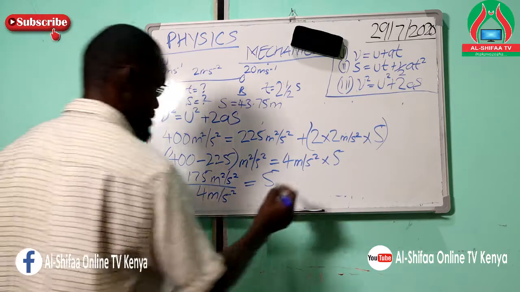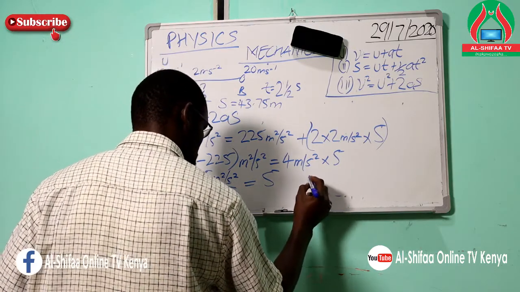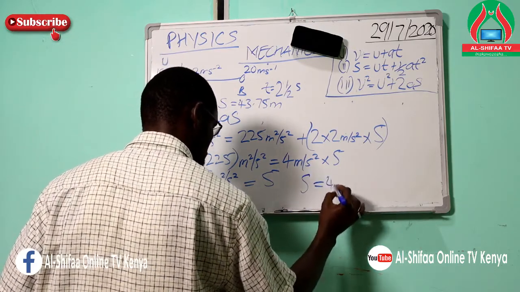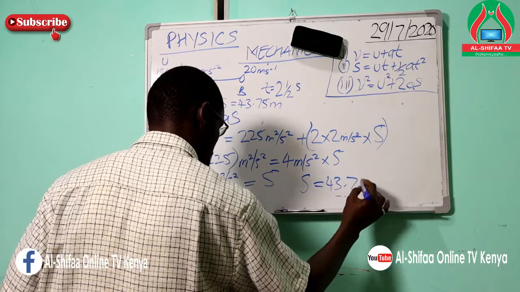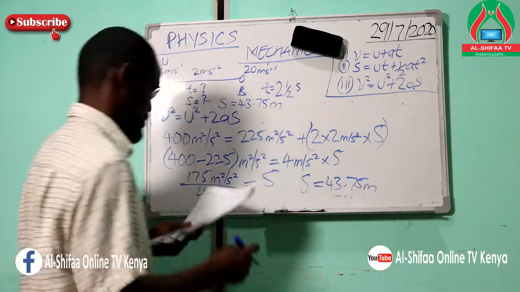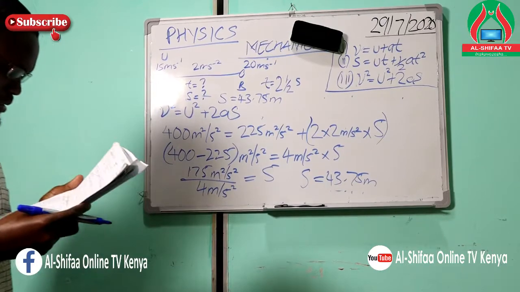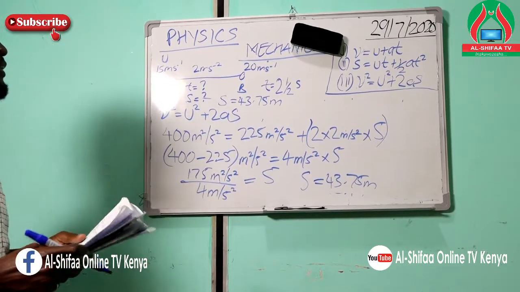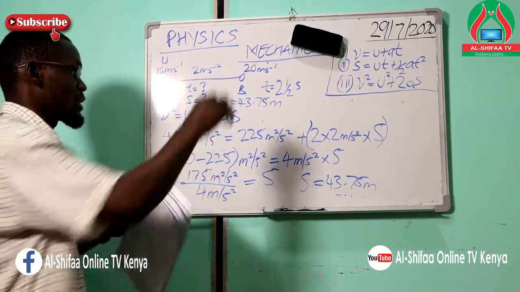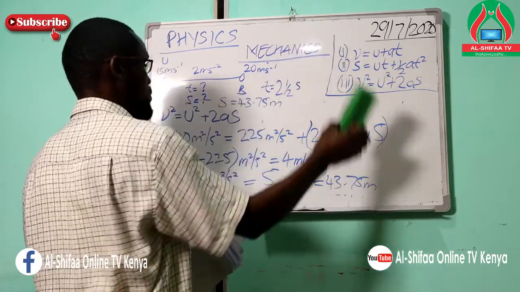So when we divide, we get that displacement is equal to 43.75 meters.